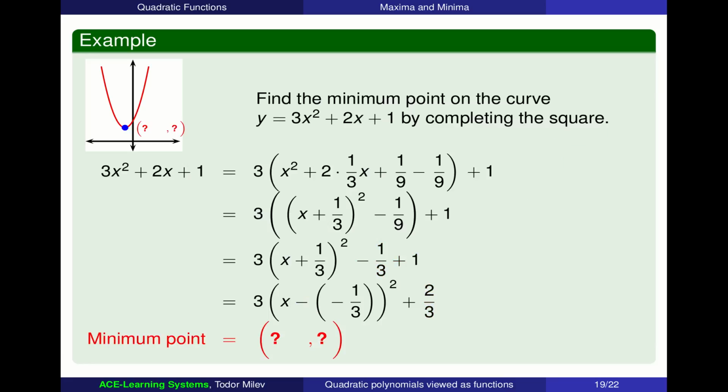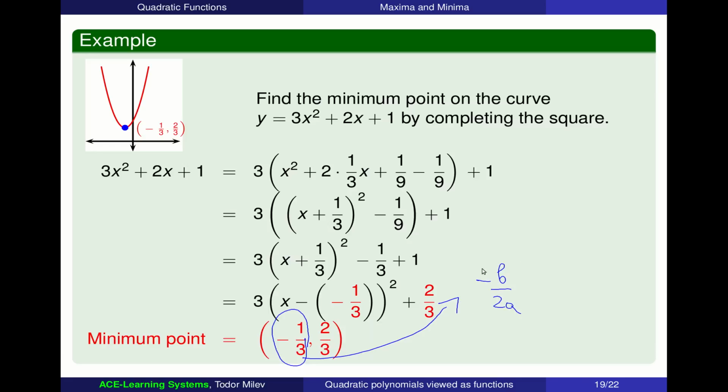Okay, so let's find the minimum point on the graph of our curve. What's that minimum point? What's its x-coordinate? I'm sure you guessed it correctly. The x-coordinate of my minimal point is negative 1/3. And if you remember, that was just the number minus b over 2a, right?